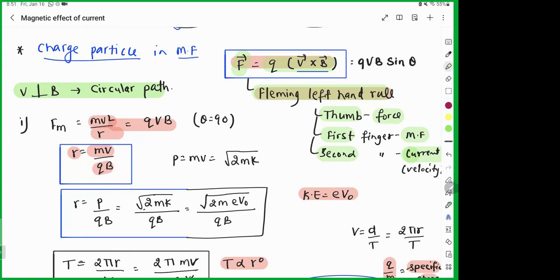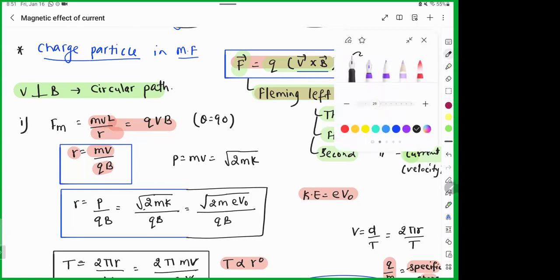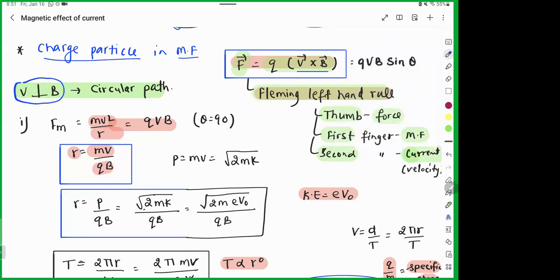Come to the point. Because here we have a circular path, due to the circular path, your velocity and magnetic field direction are perpendicular to each other. Even your force direction will be perpendicular to both of them, because in Fleming left hand rule all three are perpendicular to each other. So your theta will be 90 degrees.